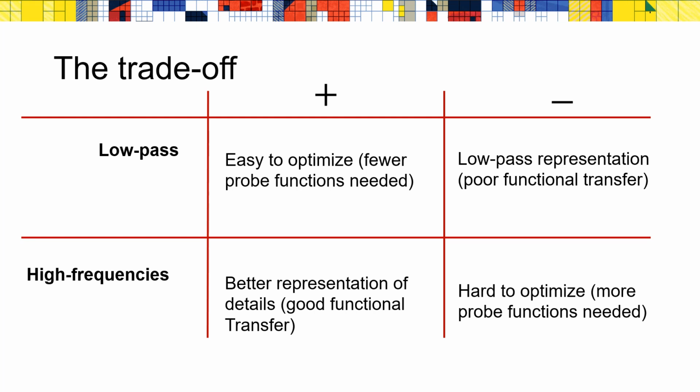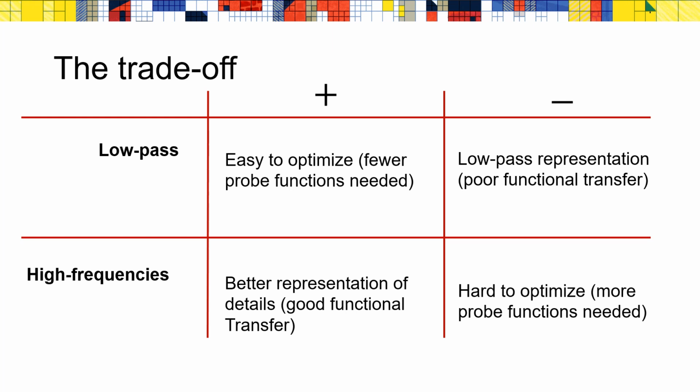But at the same time, we have a huge negative aspect: if we use a lot of Fourier bases in the representation of the point-to-point map, then the functional map is not easy to estimate due to the large size and the large number of values that should be estimated.